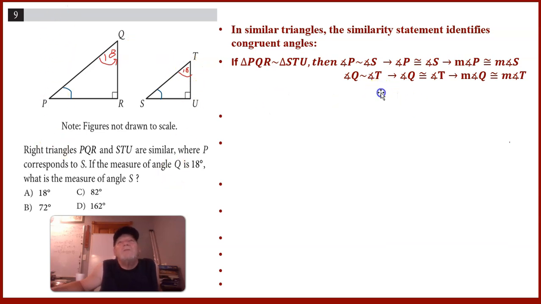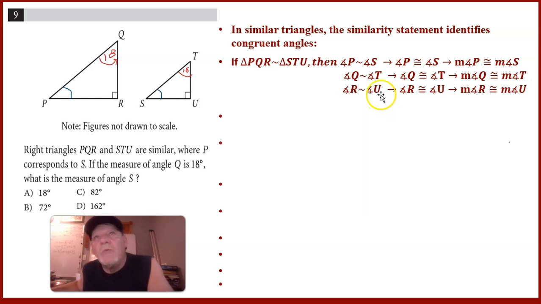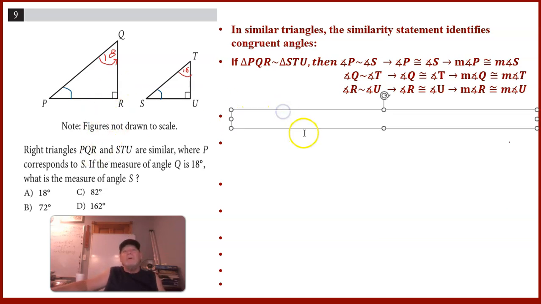And then we can say it about the third angle, but we know that they are both right angles, so we know that they're the same as well, or U. So those are just things that you were taught in a geometry class about similarity.